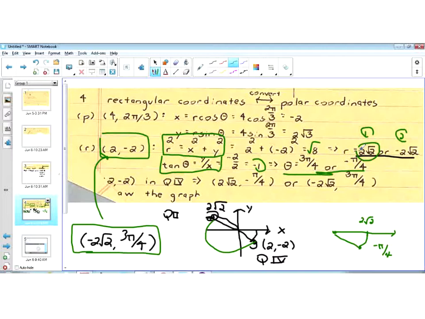So you can investigate: if I associate 2 on the square root of 2 with 3 pi over 4, then I'll end up in quadrant 2, and that won't be the same point. So I would have to affiliate 2 on the square root of 2 with pi over 4, and then run the same test with negative 2 on the square root of 2, affiliating it with each of the angles derived from the tangent of theta being y over x.